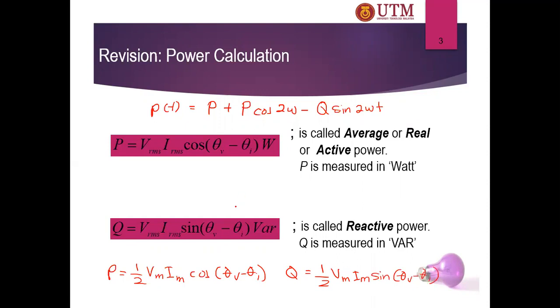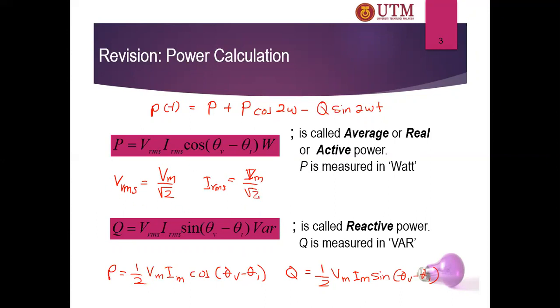But we can also write the equations of average power and reactive power in terms of RMS values. We know that VRMS is equal to Vm over square root 2, and IRMS can be calculated as Im over square root 2.